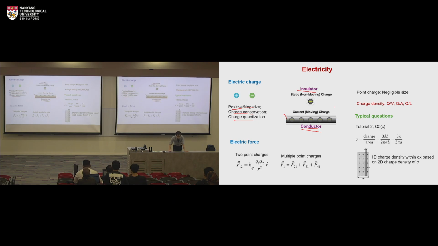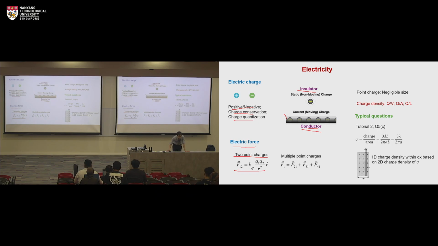The next one is the electrical force, the interaction between two charges. The simplest scenario is you have two point charges. And this is the so-called Coulomb's law, to quantify the magnitude and also the direction of this electrical force.